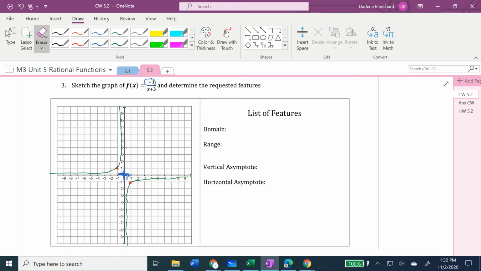Then we're going to do the movement. That +3 is telling me to move what way? I'm going to move which direction 3 units?